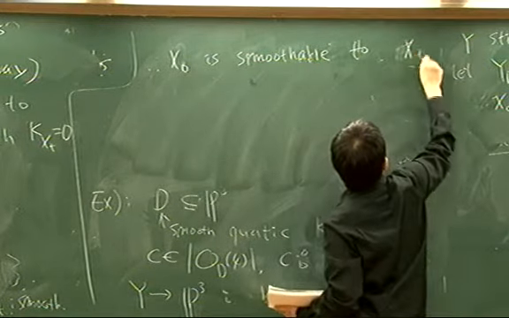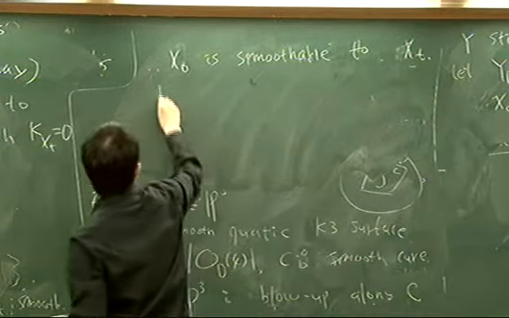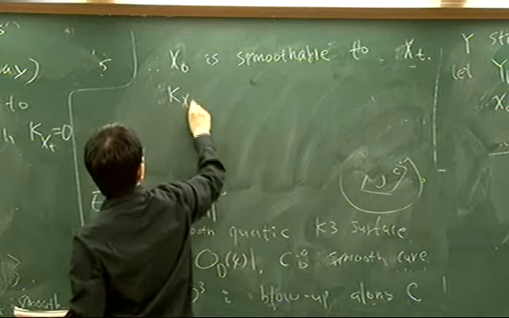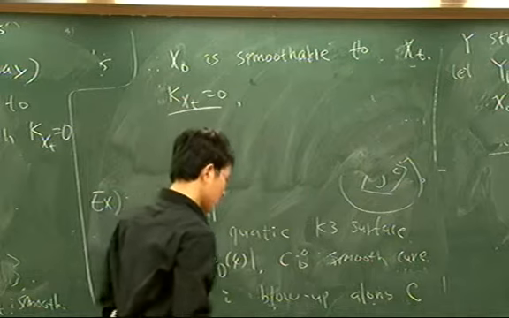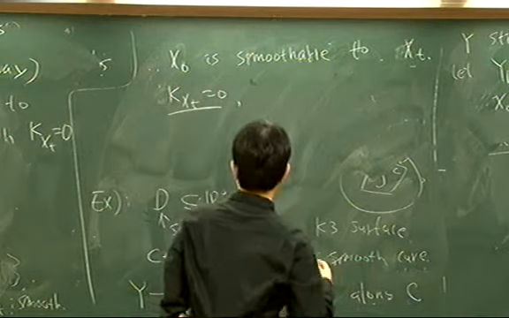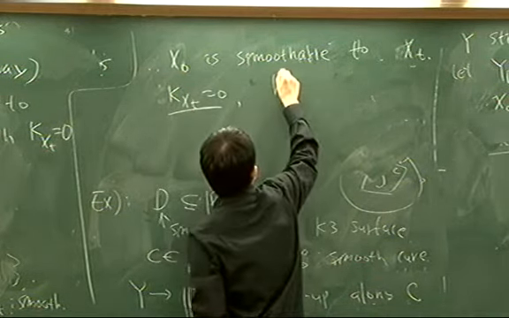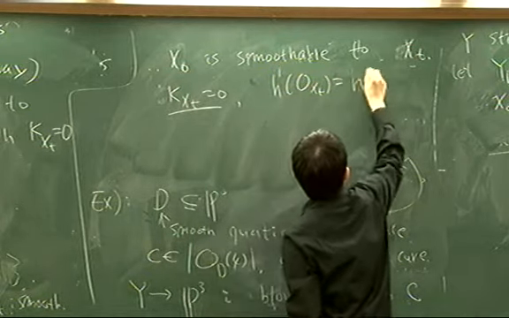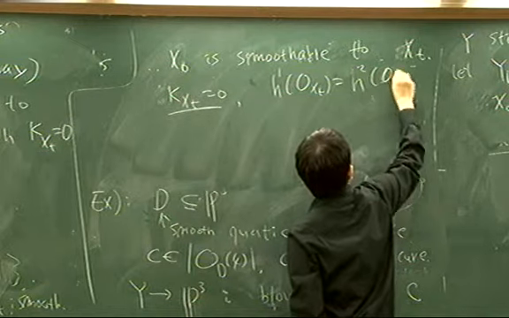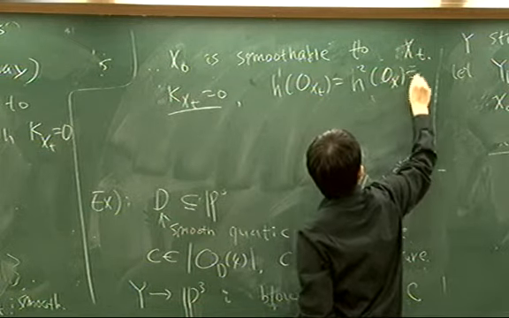But we know that K of Xt is 0, and by using some Clemens-Schmid, some mixed Hodge structure theory, you can show that actually H1 of O of Xt and H2 of O of Xt are 0.